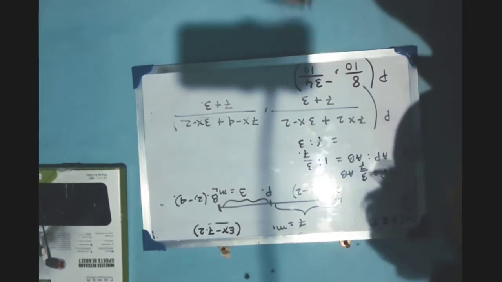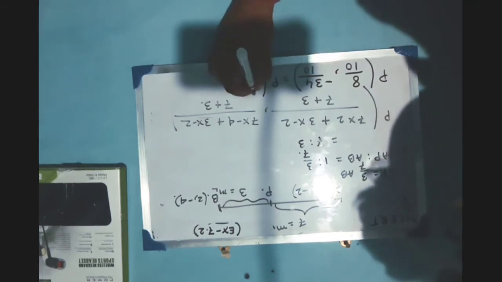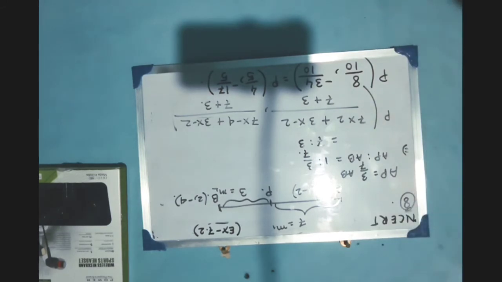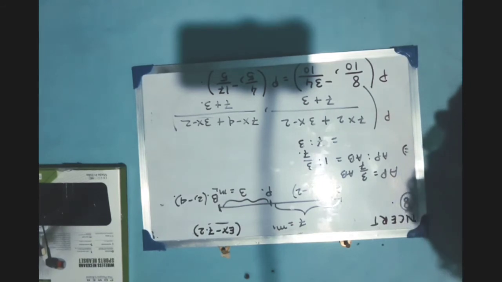If we simplify it, that equals 4 by 5 comma minus 17 by 5. So the coordinate of P should be 4 by 5 and minus 17 by 5.